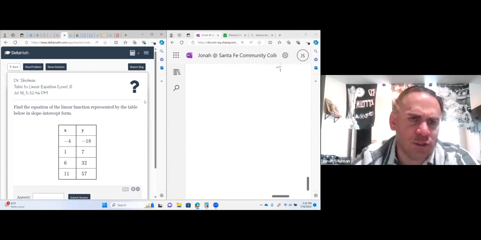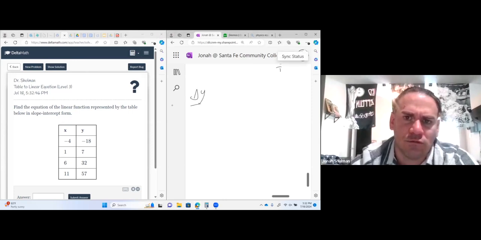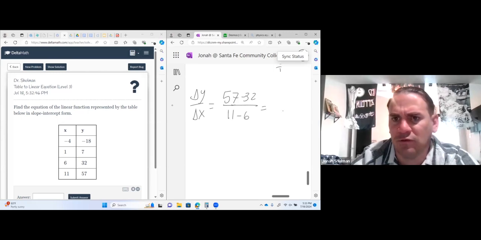I don't know where the zero is. The zero is somewhere between 7 and -18. Let's take the top two, just for fun. 57 minus 32. It's going up, so it's going to be positive at least. 11 minus 6. So we got 5 on the bottom. 7 minus 2 is 5. 5 minus 3 is 2.